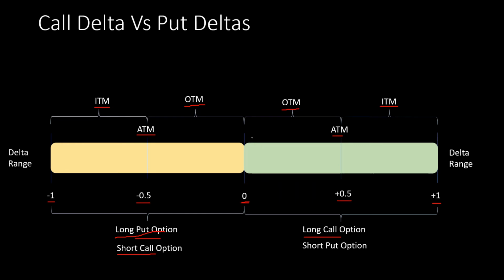A short put option mimics or behaves similar to a long call option, so it has a positive delta and ranges from 0 to +1. This is one infographic that you would want to remember for a long time, because all of the option strategies are based on this relationship between call option, put option and delta.